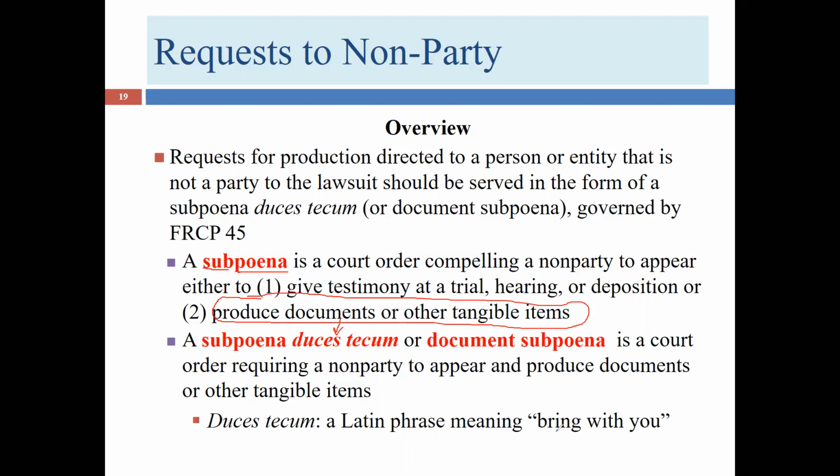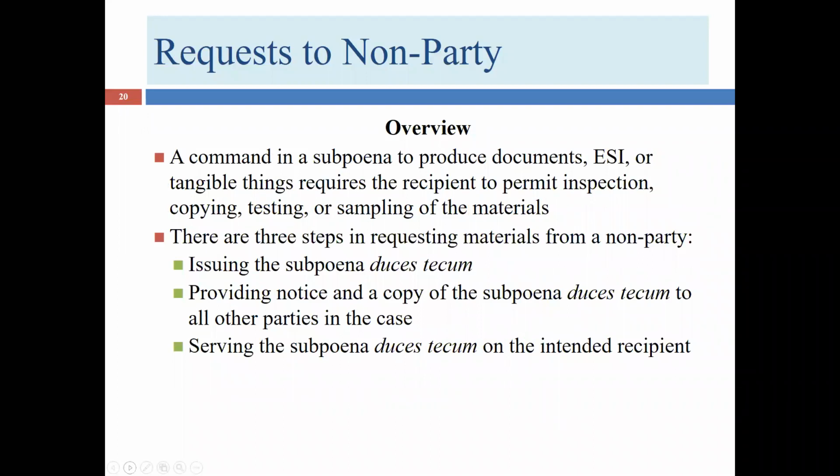And duces tecum in Latin means bring with you. A command in a subpoena to produce that stuff requires the recipient to inspect, copy, test, and sample the materials.